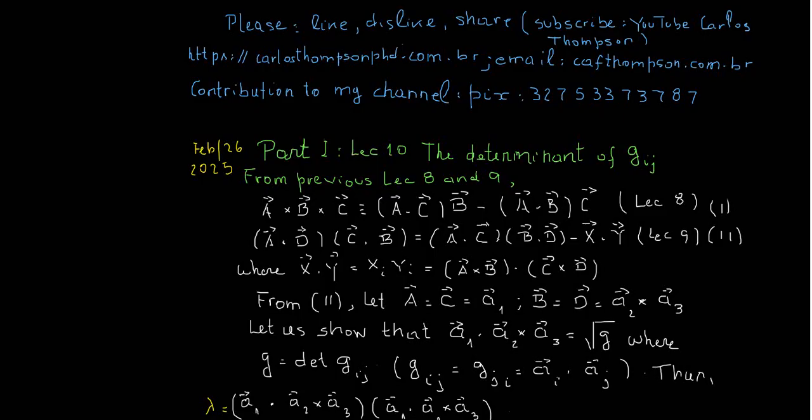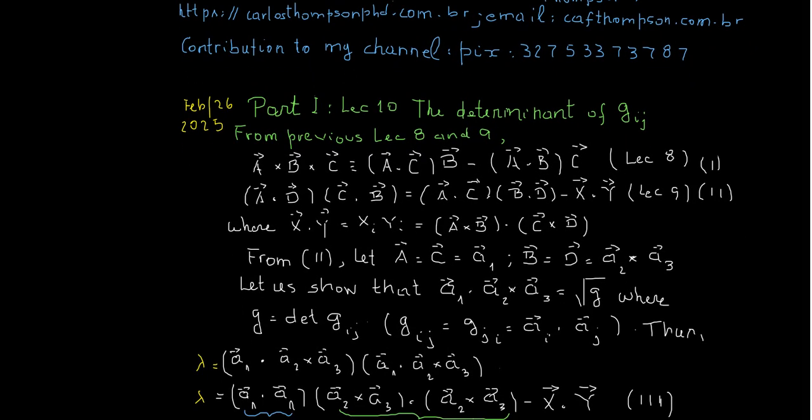Now, from this relation 2 here, lecture 9, I will let A equal C, equal A1, and B equal D, equal this cross product here, A2 cross A3.